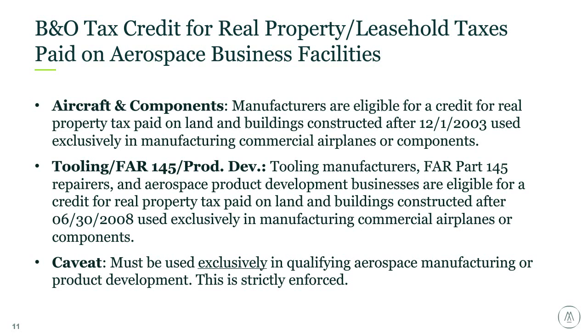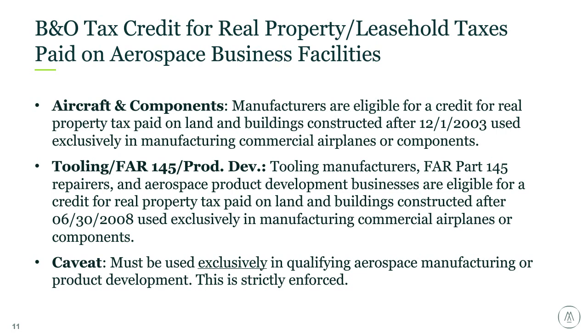So moving on to the real property credit. I call this the real property credit, but really it is a B&O tax credit for real property taxes paid, and those are generally paid to your county treasurer. This is the first of 2 credits, and I'll cover this one, and Shane will cover the other.